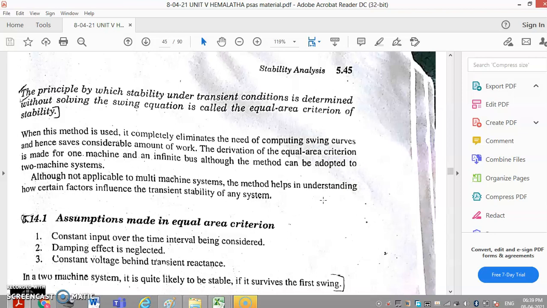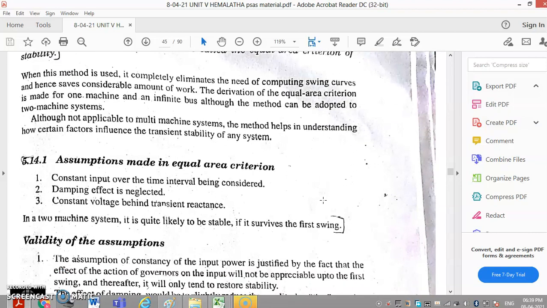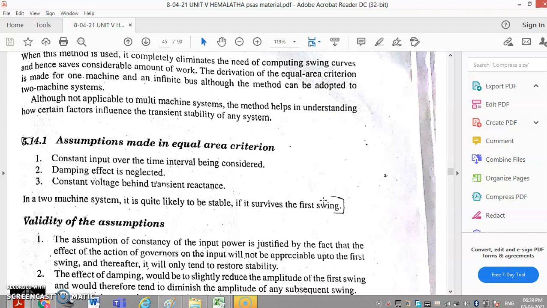Constant input over the time interval being considered, damping effect is neglected, and constant voltage behind transient reactance. We have to assume these. In a two-machine system, it is quite likely to be stable if it survives the first swing.